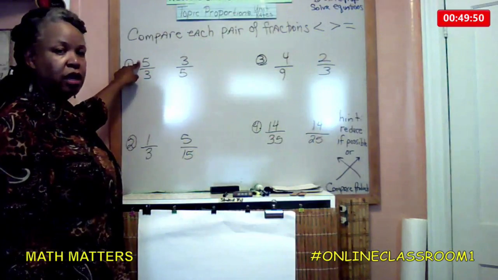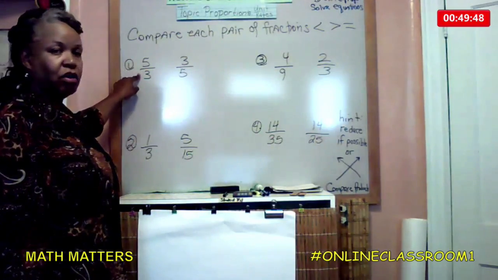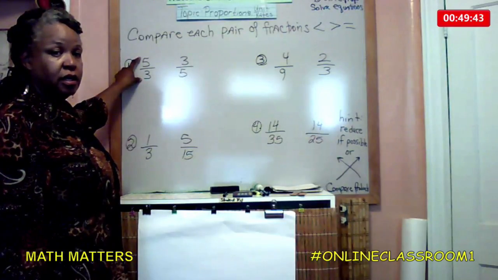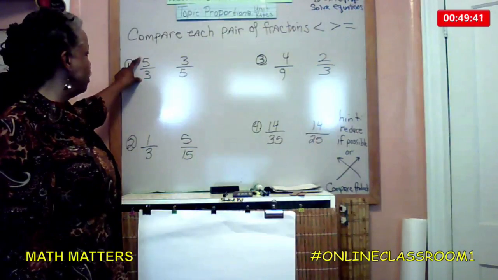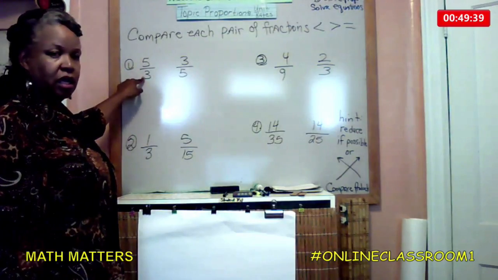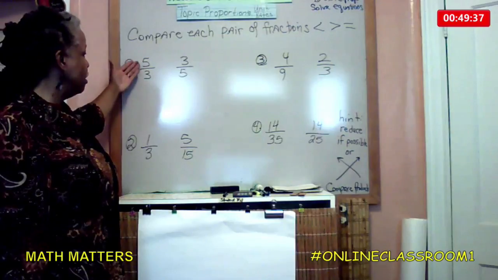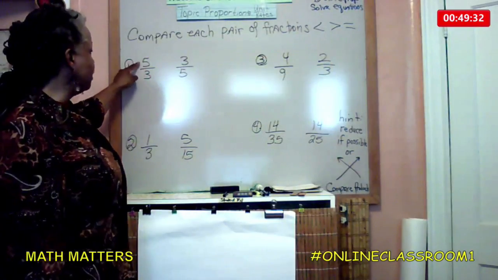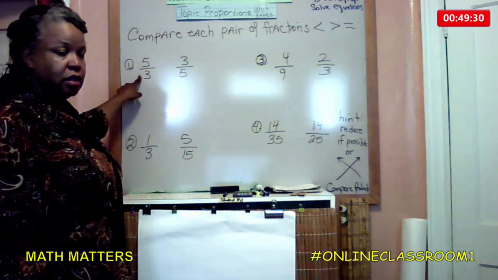Anytime you have a numerator that's larger than your denominator, that whole fraction is larger than 1. If I were to divide here, 5 divided by 3, it would be more than 1. As a matter of fact, it's 1 2/3.